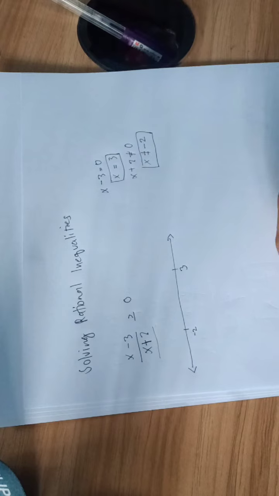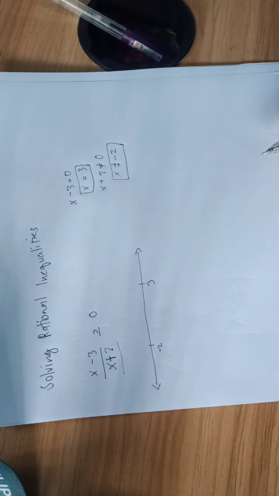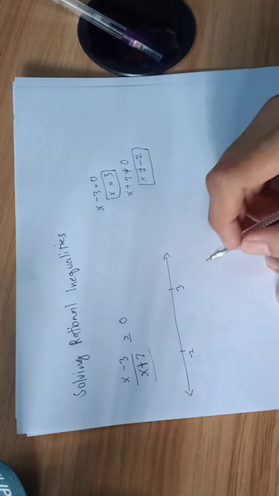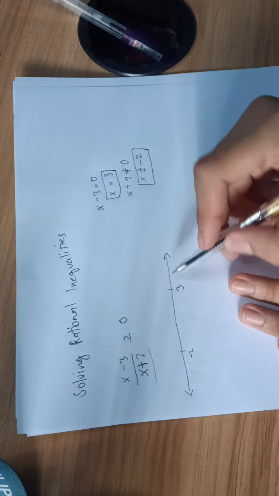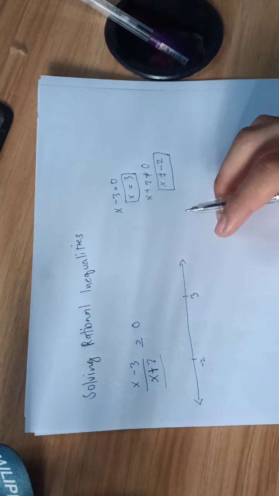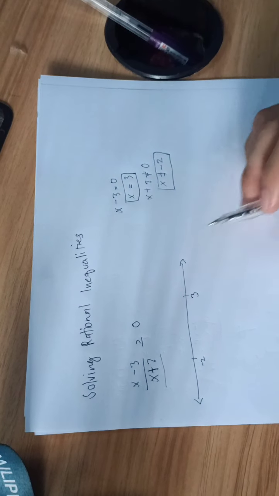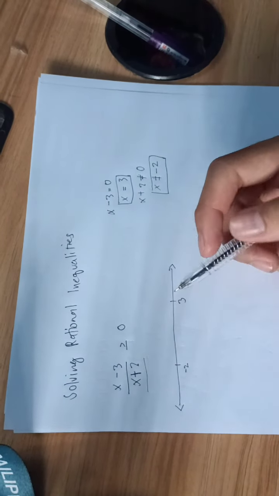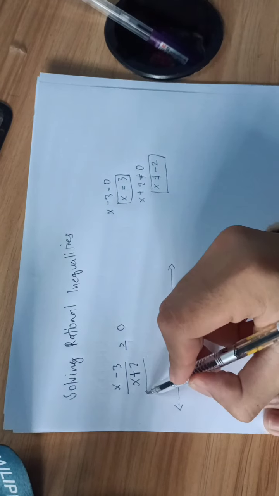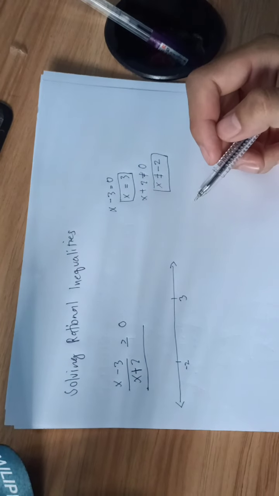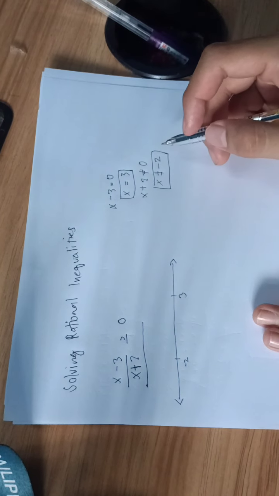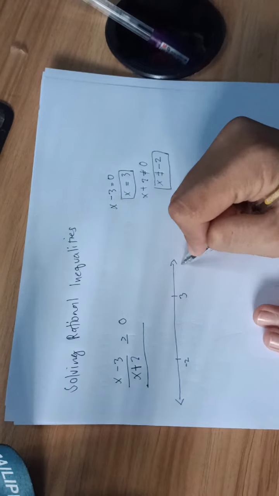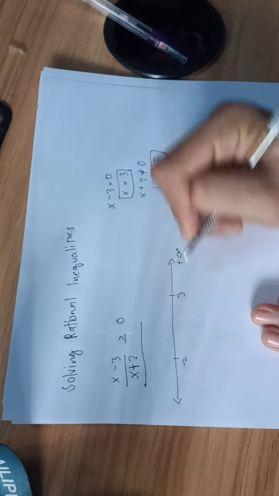The next step is to test each region to see where the expression is true. Let's have an example on this side, from 3 to infinity. This is the positive infinity and negative infinity.